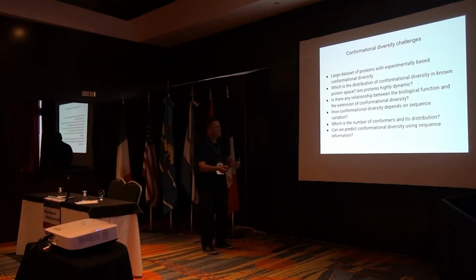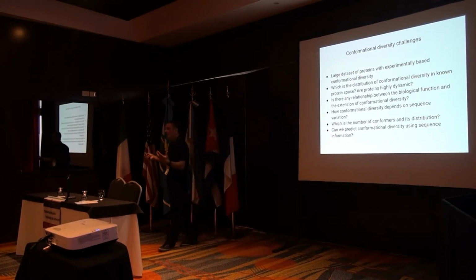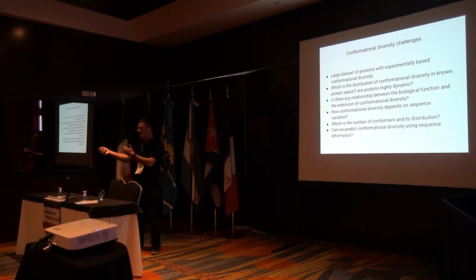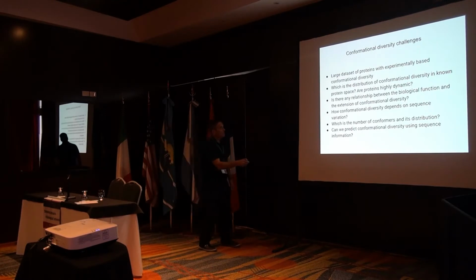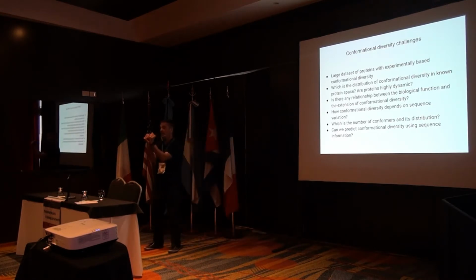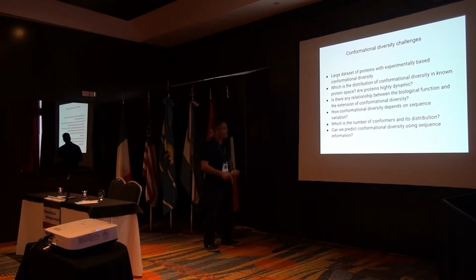Which is the distribution of conformational diversity in the known protein space? So proteins behave very dynamically, or are they rigid? That was one of the questions. And another: is there any relationship between biological function and the extension of conformational diversity? Maybe a protein can move like this, and others can move like this. So is there any relationship with the function of the proteins?